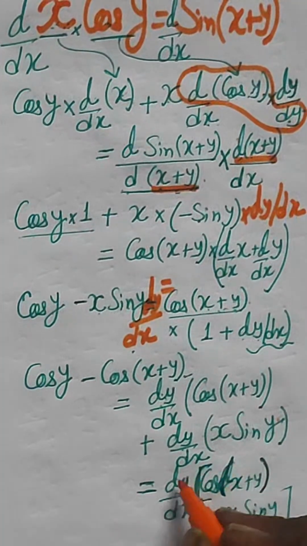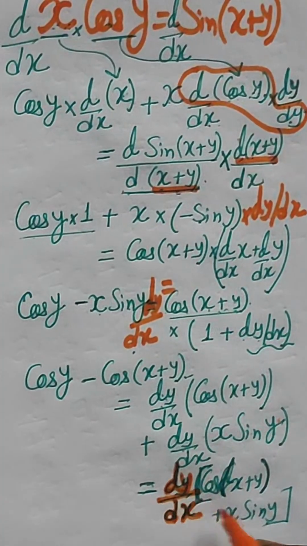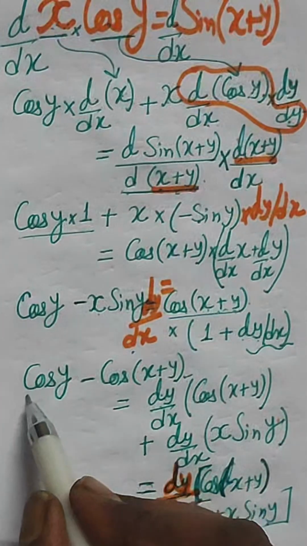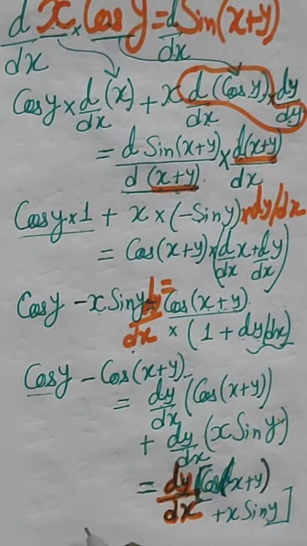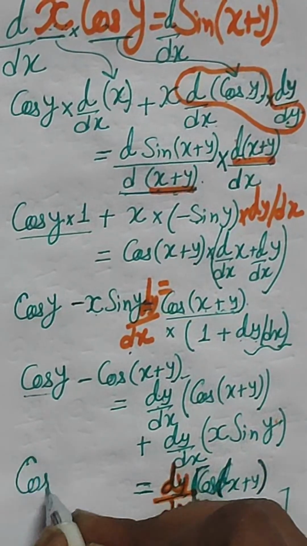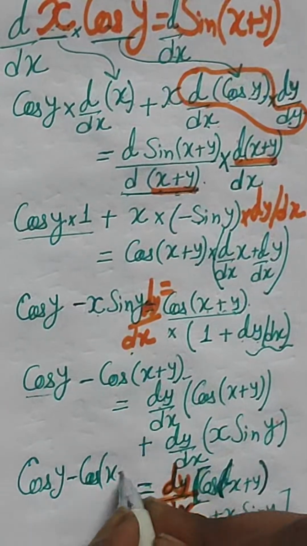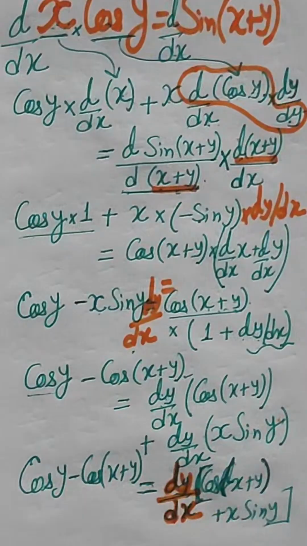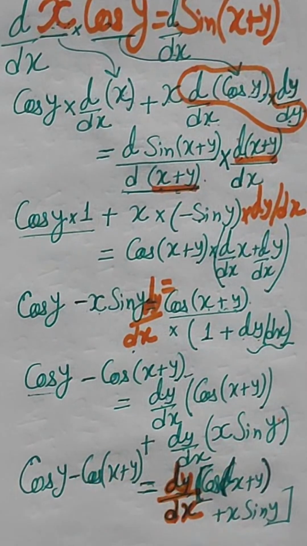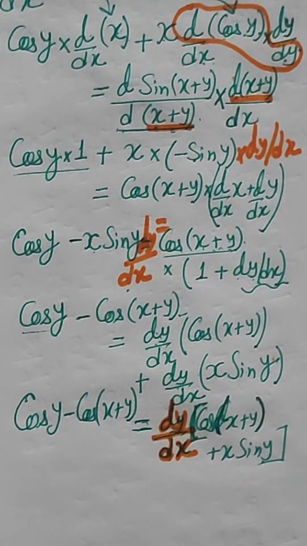You can see here dy by dx is taken as common, right? And into the LHS we have already cos y minus cos (x plus y). Just simply write it, cos y minus cos (x plus y), right? So we have almost reached the last step of the solution.